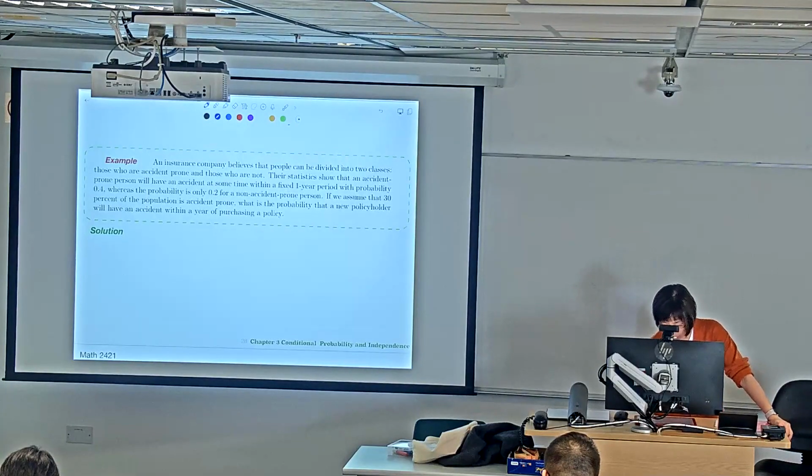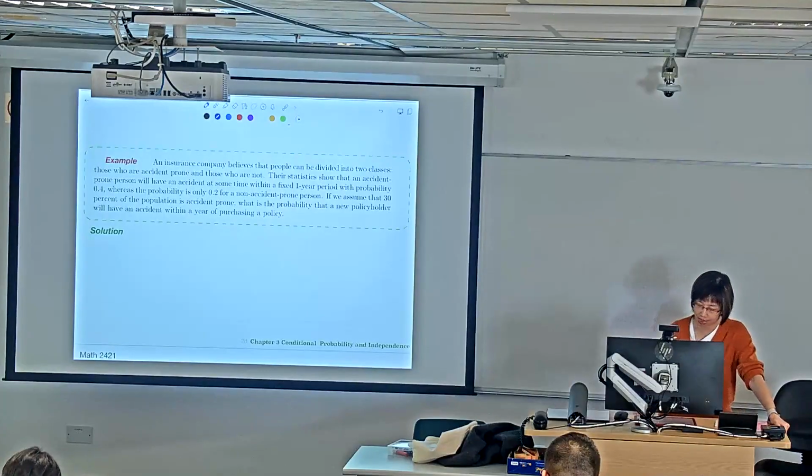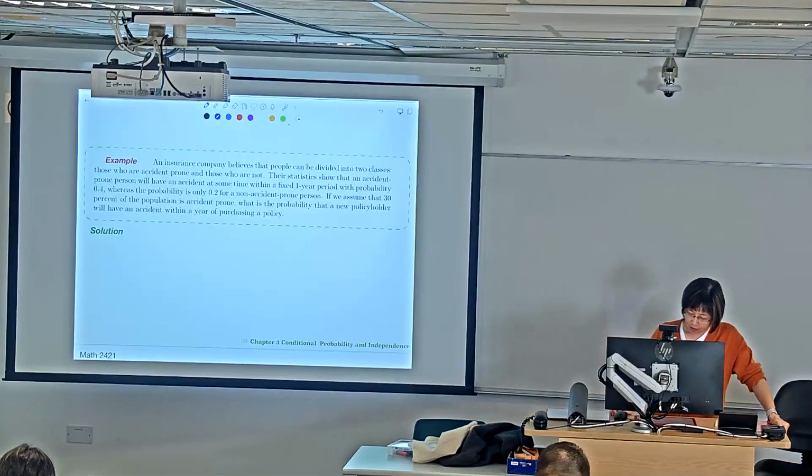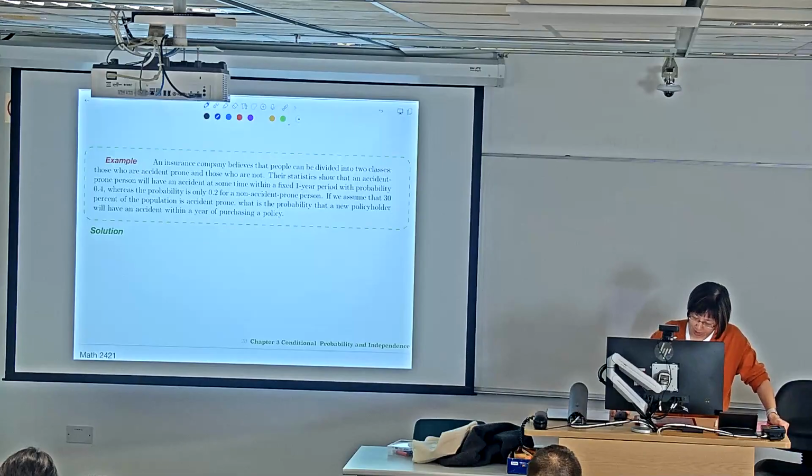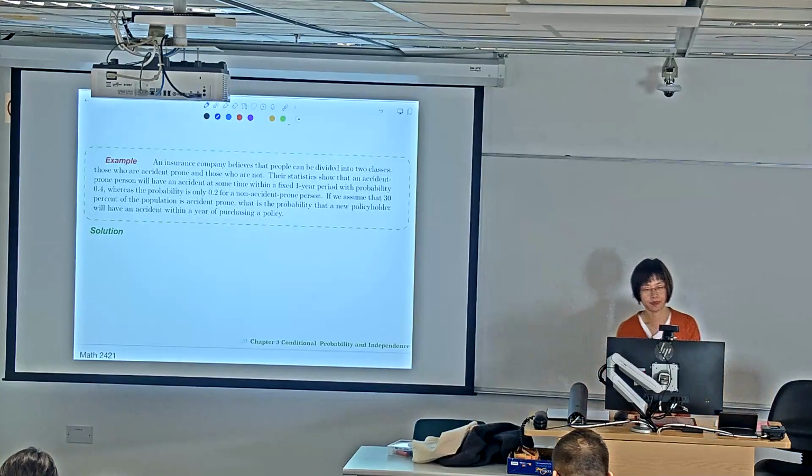Their statistics show that an accident prone person will have an accident at some time within a fixed 1-year period with probability 0.4, whereas the probability is only 0.2 for a non-accident prone person. If we assume that 30% of the population is accident prone, what is the probability that a new policyholder will have an accident within a year of purchasing a policy?